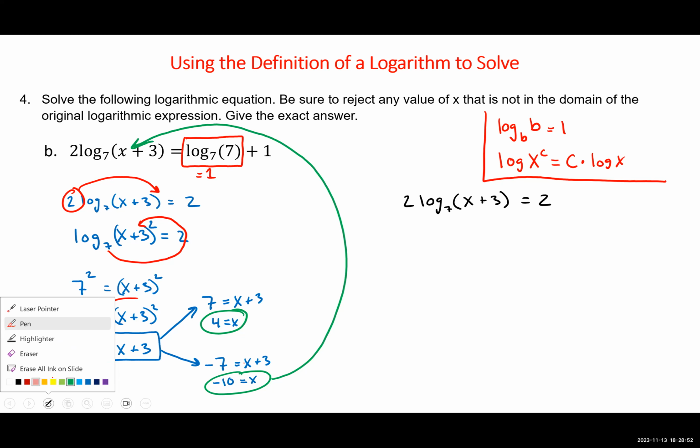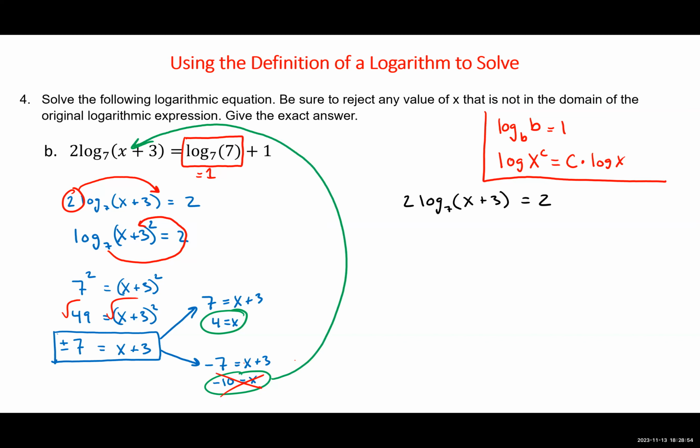So that one does not work. So only one of these solutions work. You always have to just make sure your final answer, if you were to plug it back into the original equation, doesn't give you a negative number or a 0 inside of a logarithm.